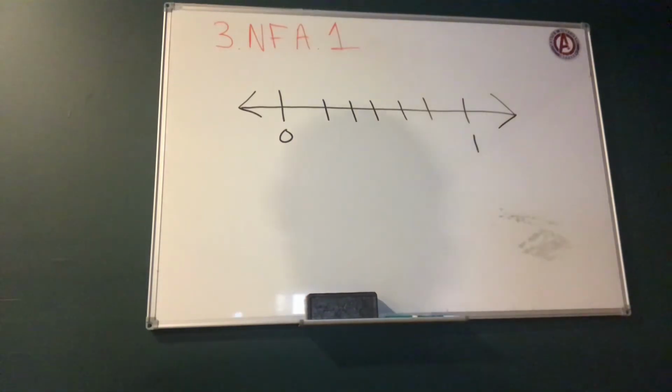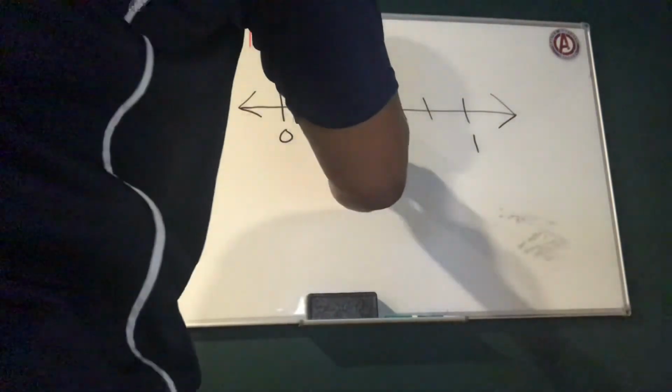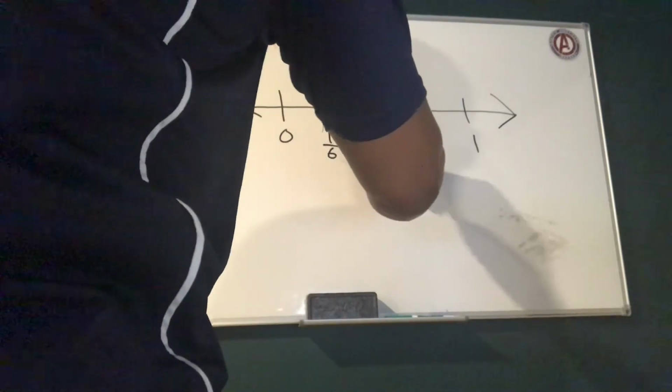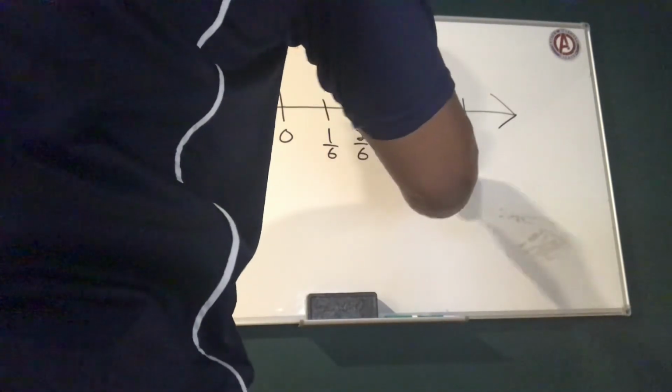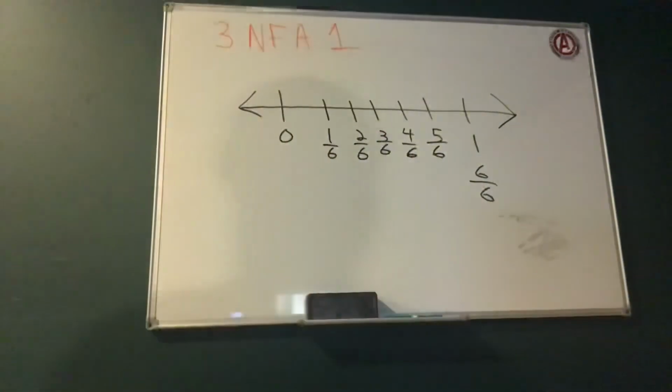Once again, count the hash marks. We have 1, 2, 3, 4, 5, 6. So now this number line is divided into 6 pieces. 1/6, 2/6, 3/6, 4/6, 5/6, and then we get 6 out of 6. When you get to your 1, make sure you have the 6 out of 6. If not, you have labeled it incorrectly.